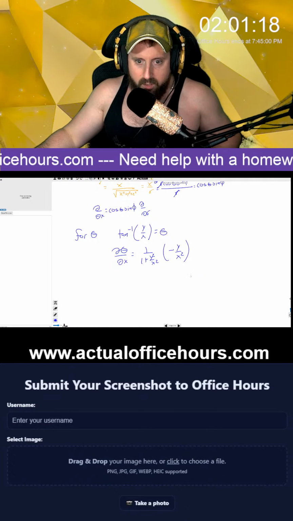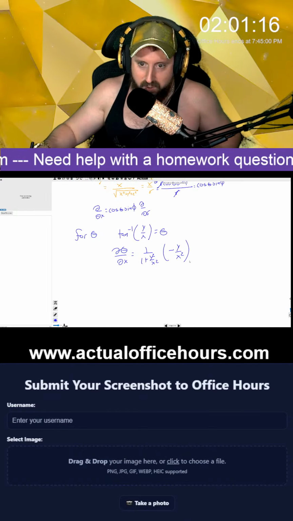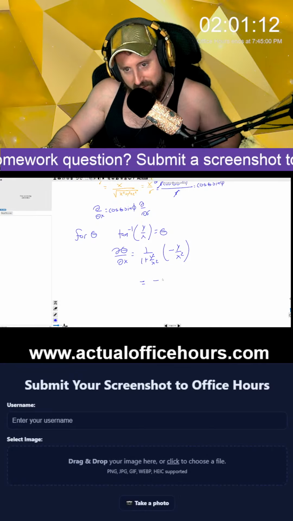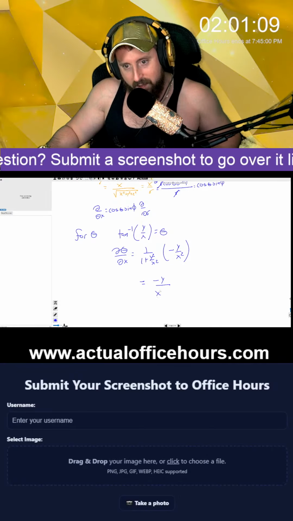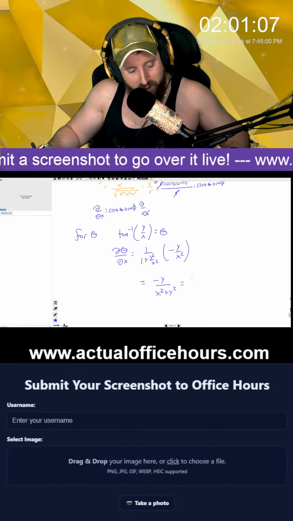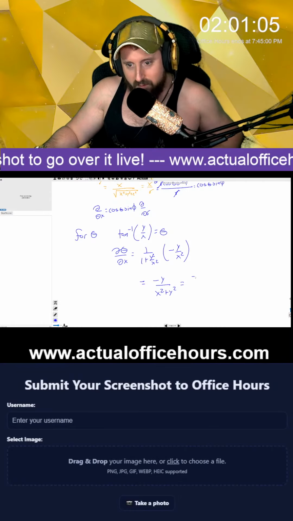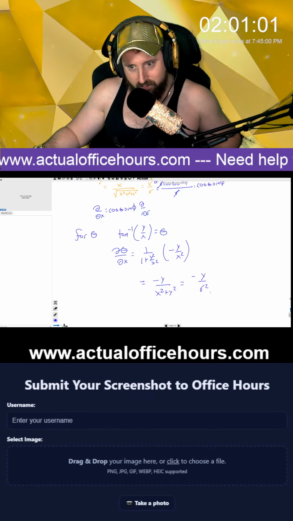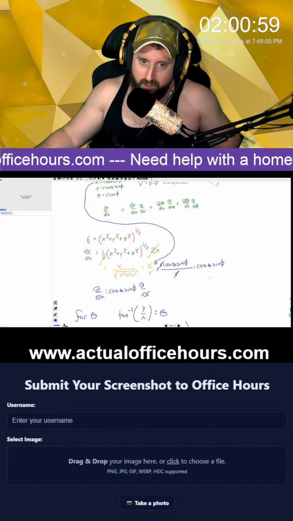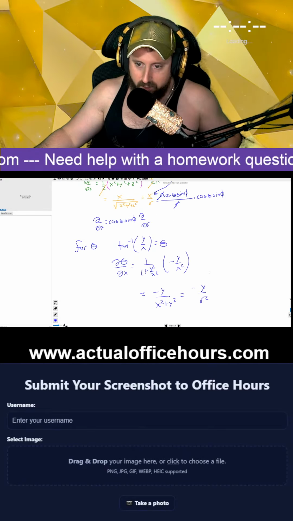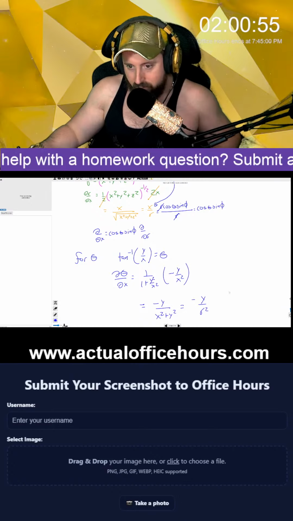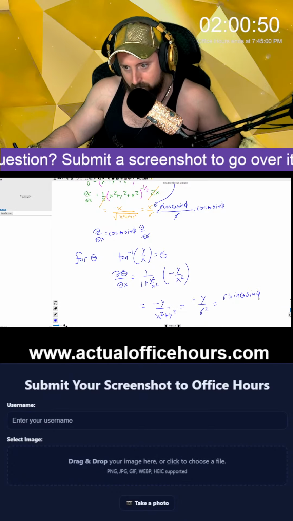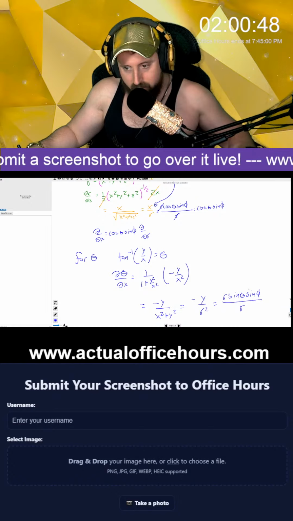And then does this turn into some nice magic? Maybe. Yeah, because the x squared with this is negative y over x squared plus y squared. Oh, bingo. This is negative y over r squared. Oh, that's cool. And then y is equal to r sine theta sine phi, right? Oh, this is actually pretty cool.